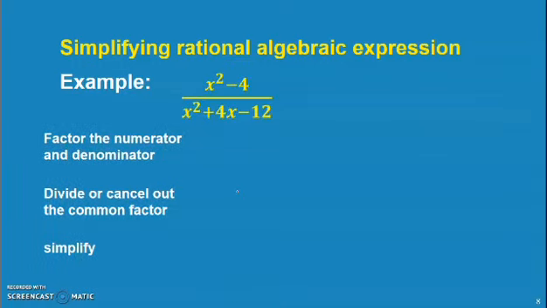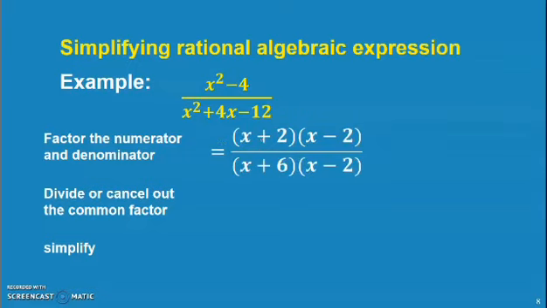Next example, we have x squared minus 4, a perfect square, sum and difference of perfect squares. Then, our quadratic trinomial is the denominator, so we will factor our numerator, x plus 2 and x minus 2 are the factors of x squared minus 4.